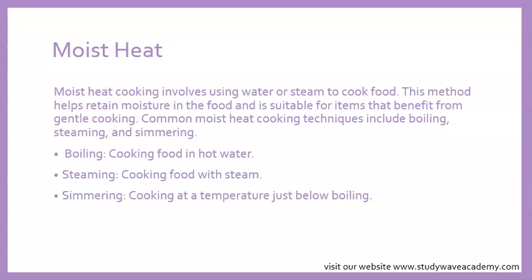So moist heat cooking involves using water or steam to cook food. Do you understand? And this involves boiling, steaming, and simmering. These methods keep food moist and are good for things like vegetables, rice.